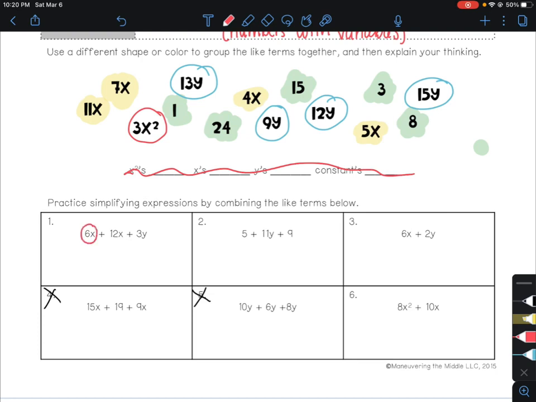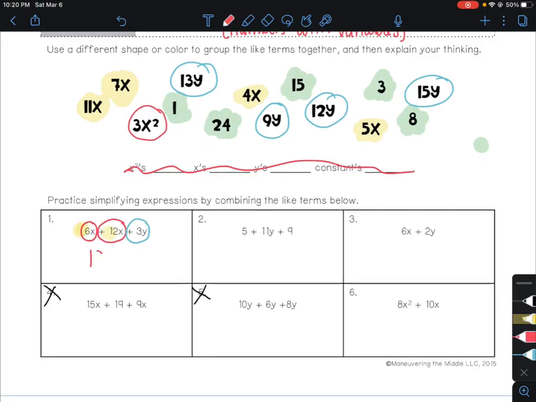So I have 6x, or 6 times x, plus the 12x, but then it's plus a 3 times a y. Since it's a times y versus the other 2 being times x, I didn't group them in the same color. Those x's can be combined. It's as simple as just adding up the coefficients. So 6 and 12 is 18. Attach that x back on, plus 3y.